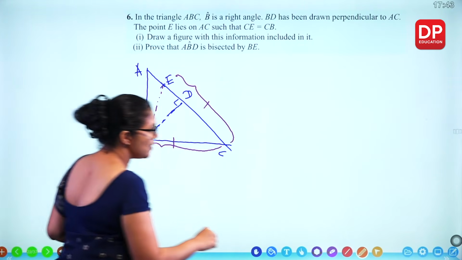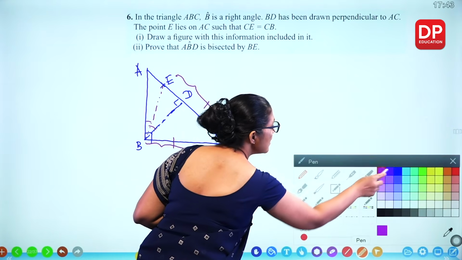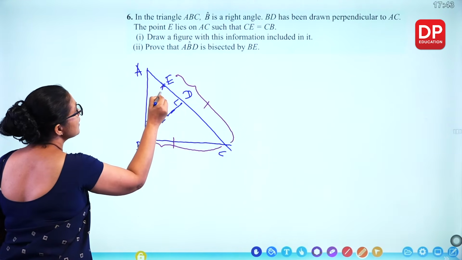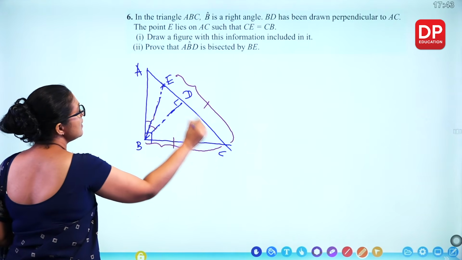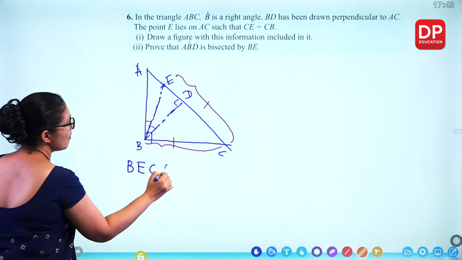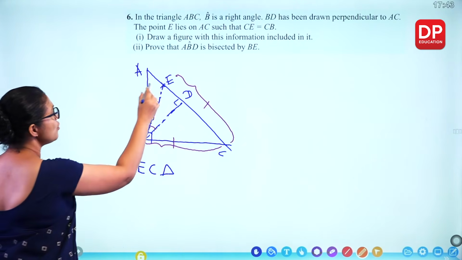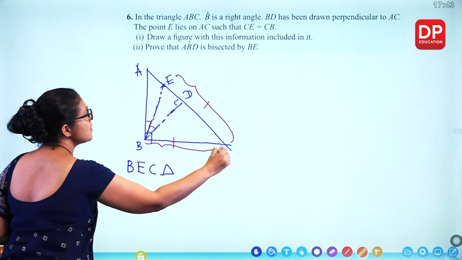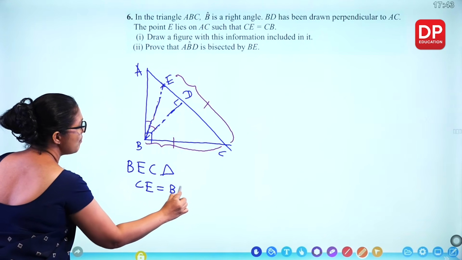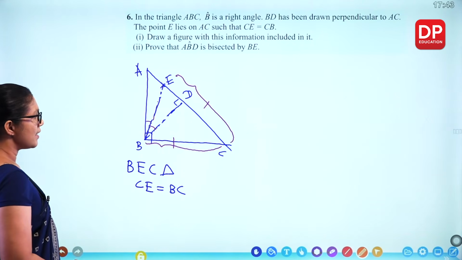So how can we do that? So we need to take some letters. Now here, if you think about this triangle, BEC triangle. When you take the BEC triangle, can you see CE and BC both are equal? It's given.